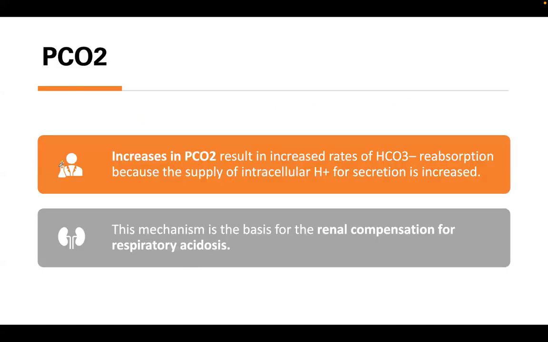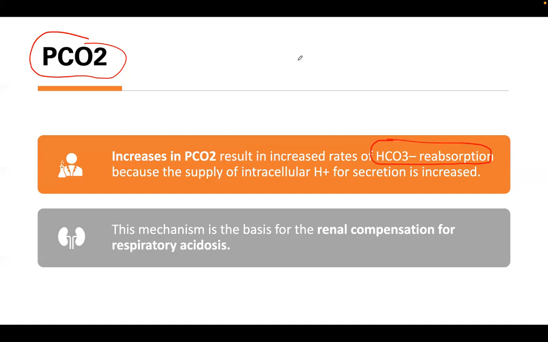Now, I want to mention the importance of PCO2. Always remember that increases in PCO2 result in increased rates of bicarbonate reabsorption.